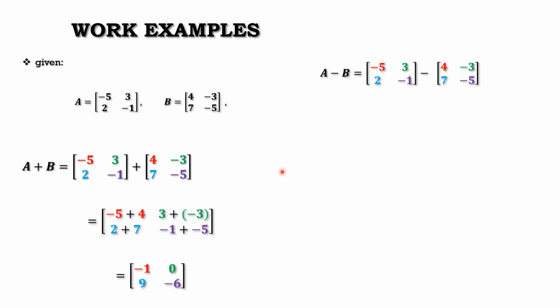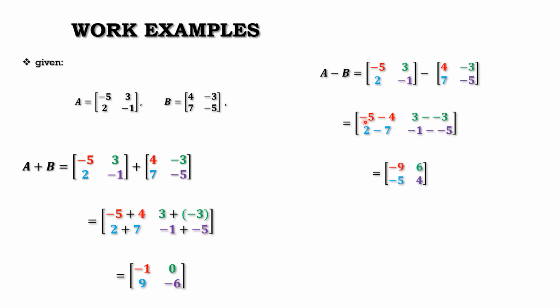Let's move to A minus B using the same principle and the same condition. So here we are going to subtract each corresponding element. We have -5 minus 4, we have 3 minus -3, we have 2 minus 7, we have -1 minus -5.